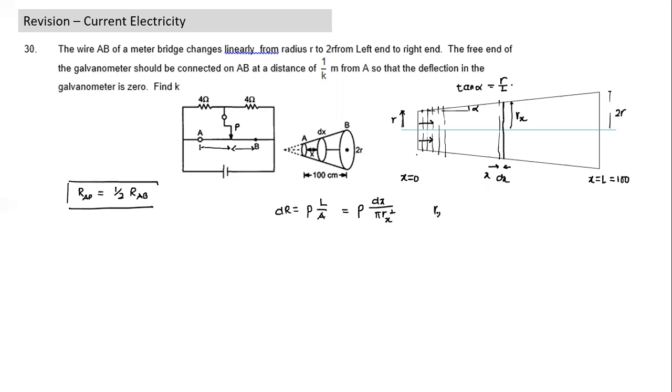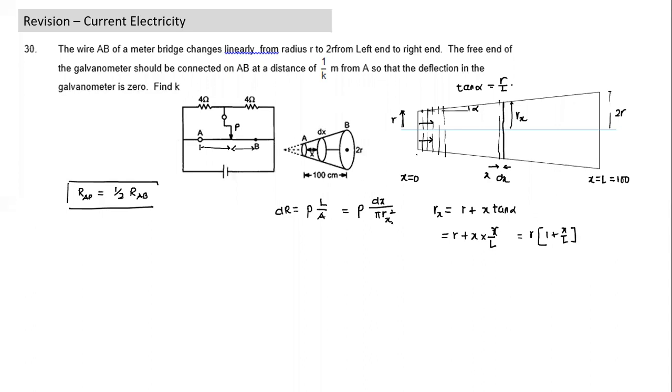So what is rx equal to? rx is equal to r plus x tan alpha, and tan alpha is equal to r by L. So that's basically r times 1 plus x by L.